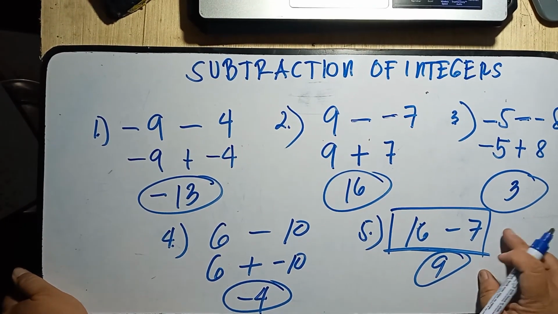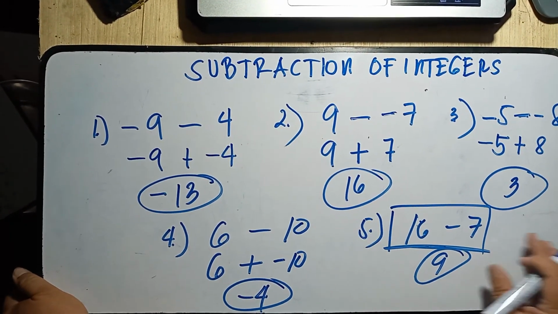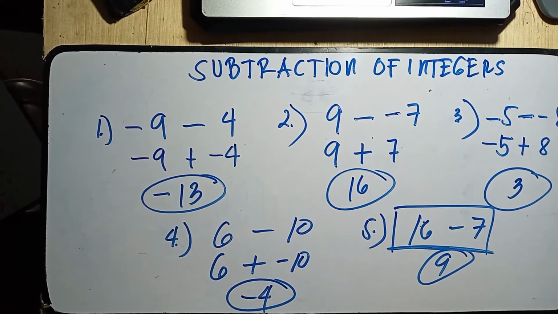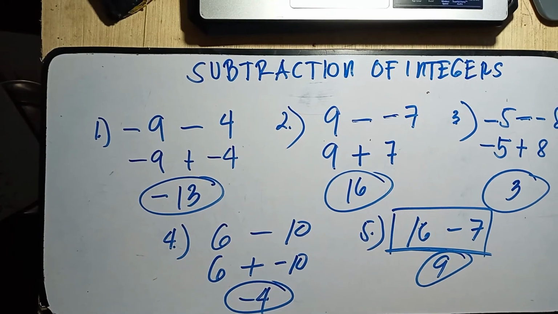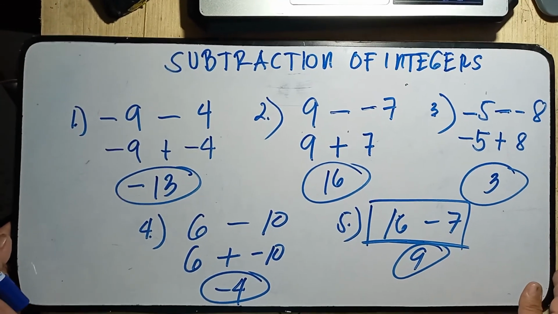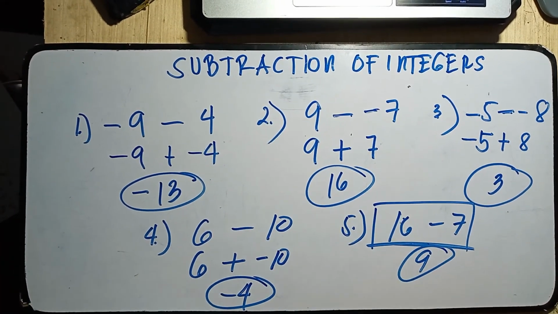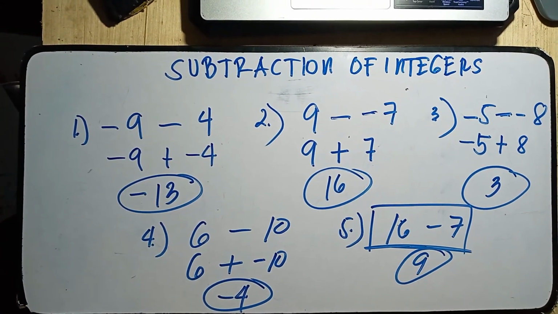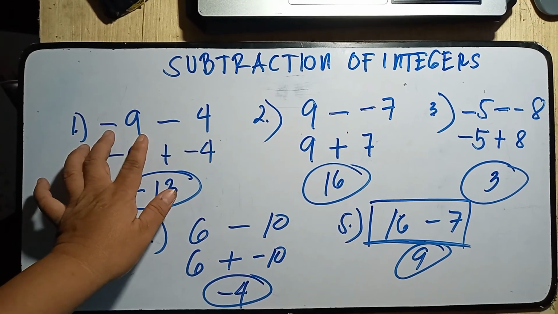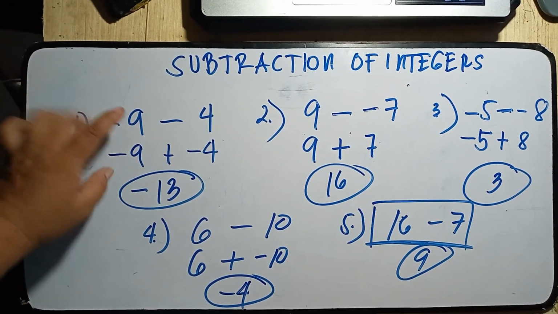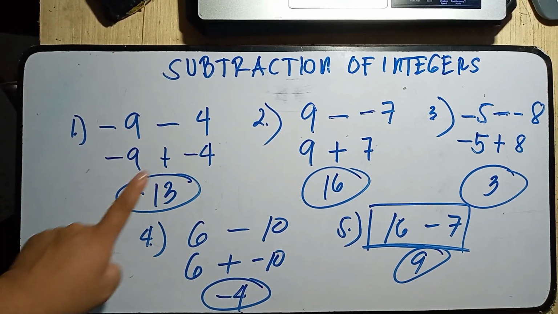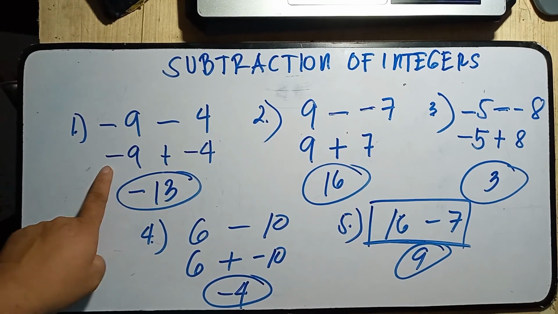Just use the common sense. These are all the 5 types of problem that you may encounter in subtraction of integers. So again, the rule is keep the minuend, change minus to a plus sign, then get the opposite of the subtrahend, and then follow the rule in addition.